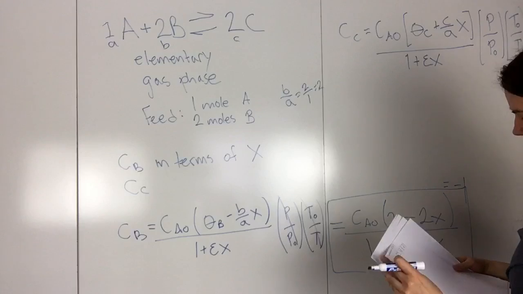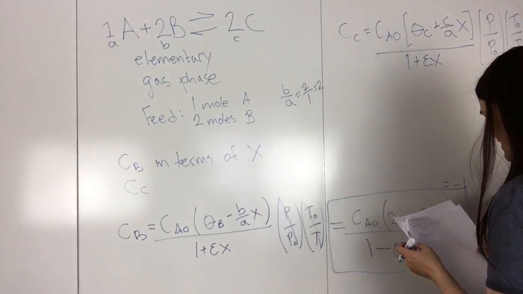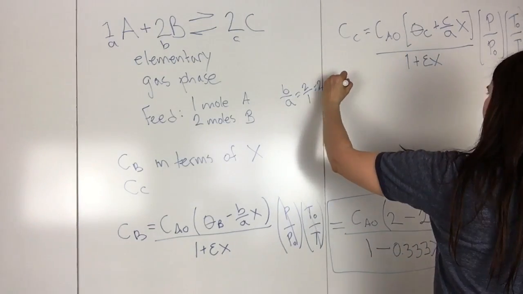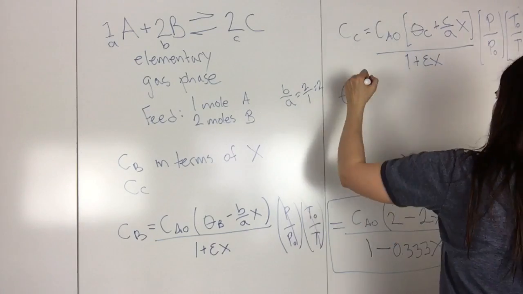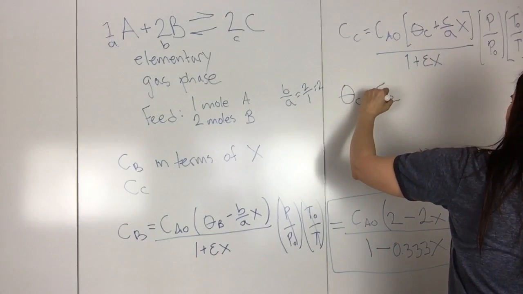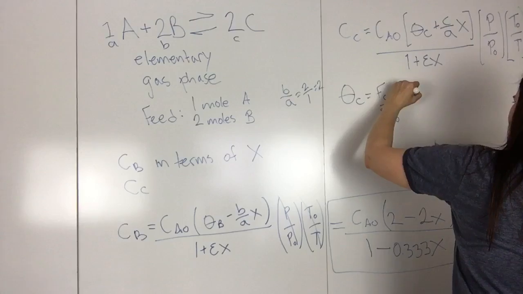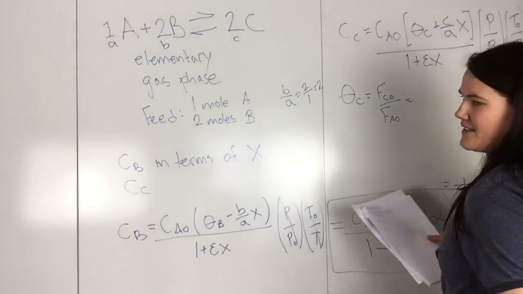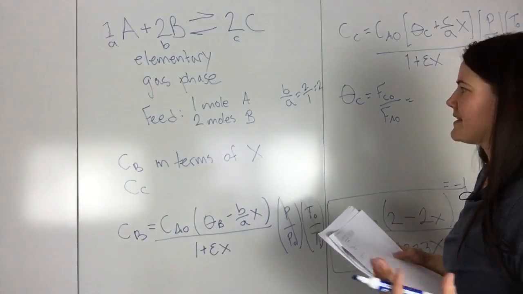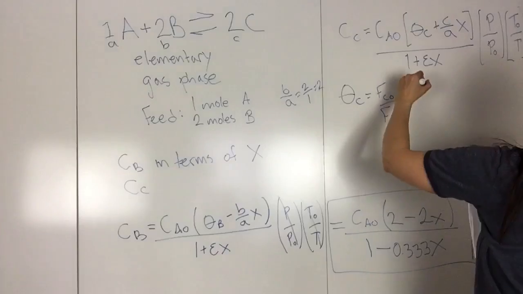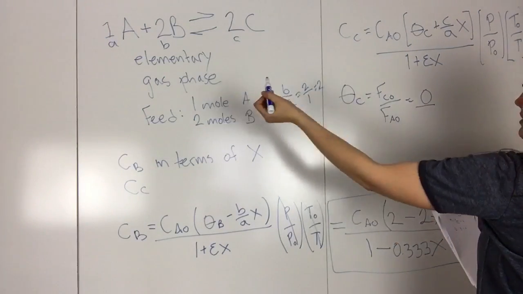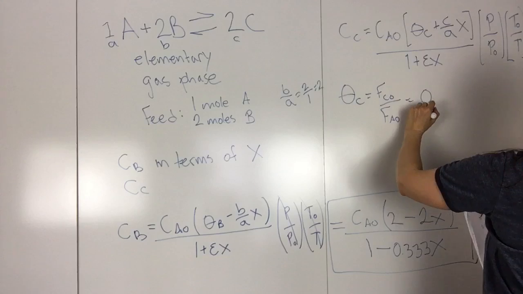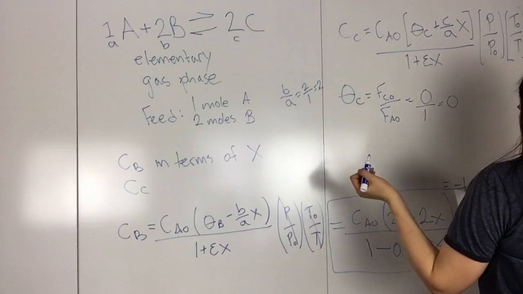We just figure out what these things are. First of all, epsilon is the same, and we just need to figure out theta C, which is equal to FC naught over FA naught. We know that FC naught is 0 because there's no C flowing into the reactor, so 0 divided by 1 equals 0.